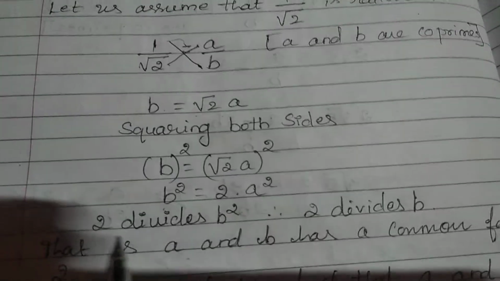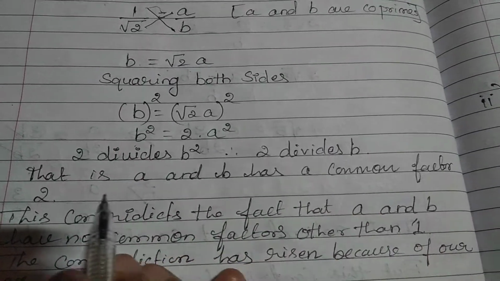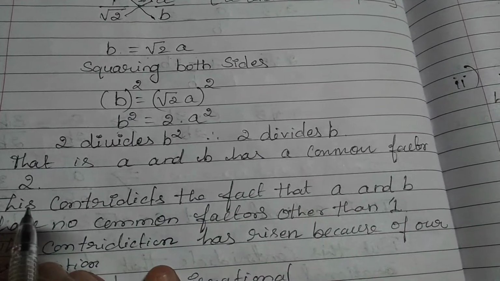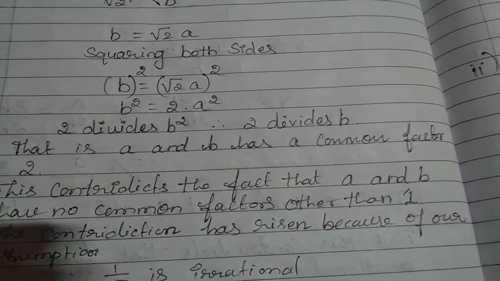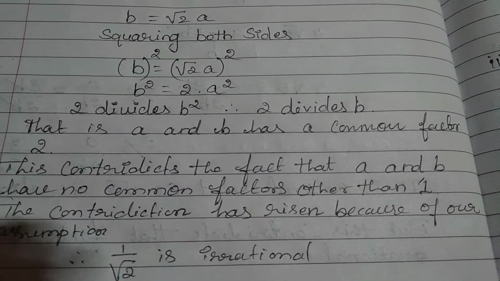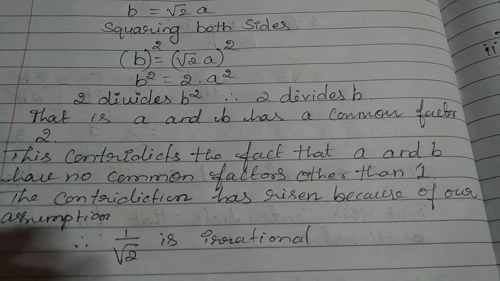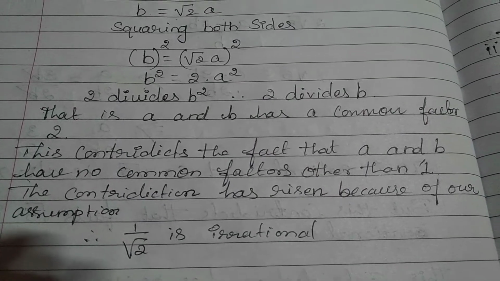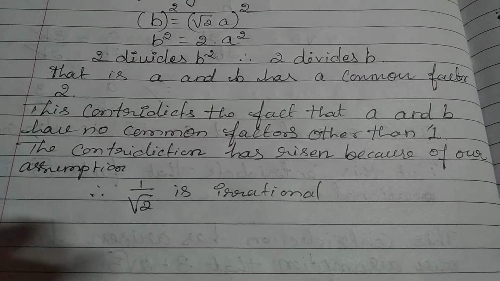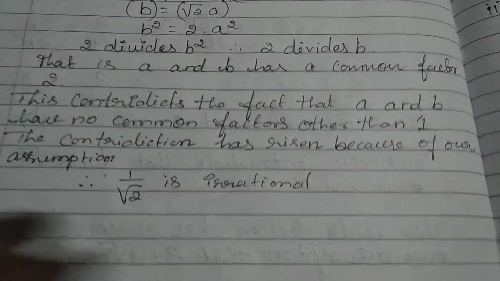That means 2 divides b square and also divides b. So a and b have a common factor 2. This contradicts the fact that a and b have no common factors other than 1. The contradiction has arisen because of our assumption that root 2 is rational. So that's why it is an irrational number. Got it? Okay.